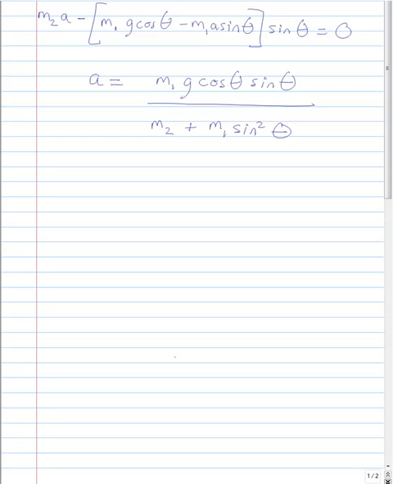Then if I put the numbers in, because I know what M1 is, I know what g is, I know what theta is, I know what M2 is, I can find the value 1.06 for a, and that's the answer to the question. Thank you.